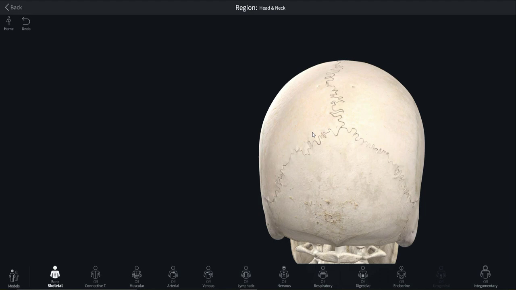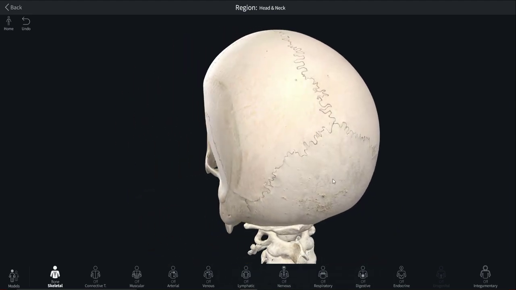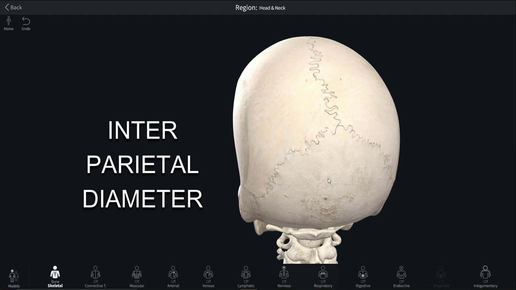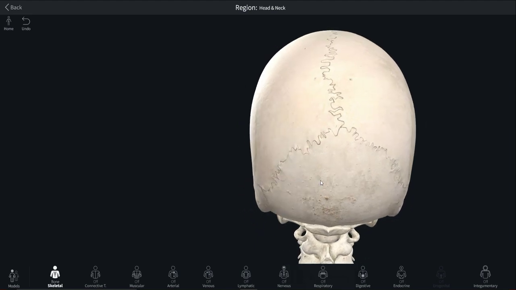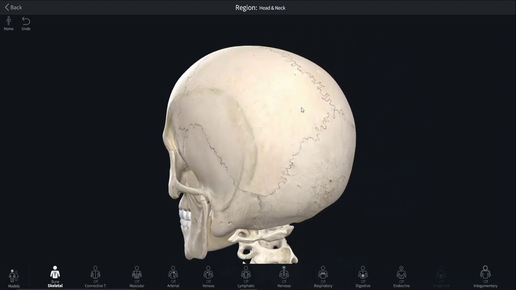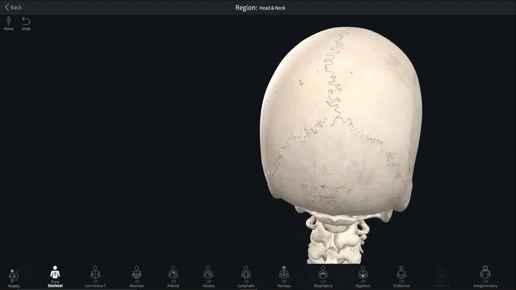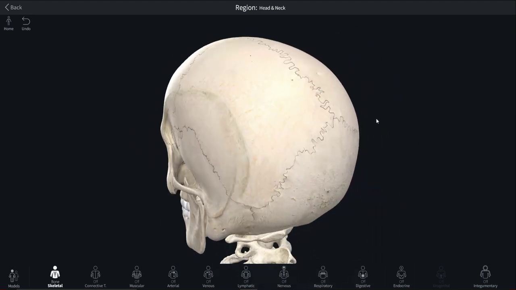Let me tell you. You see, in the skull, the maximum transverse diameter is the interparietal diameter. Let me repeat it again. When you join the two parietal tubers of the two parietal bones, we get the maximum transverse diameter of the entire human skull.